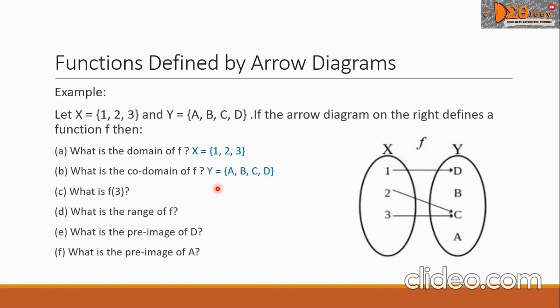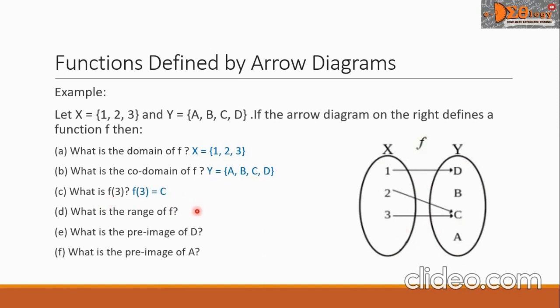The codomain is the set Y, the second set, whose elements are A, B, C, and D. Let's have question C. What is f of 3? The f of 3 is C. And that is our answer here.